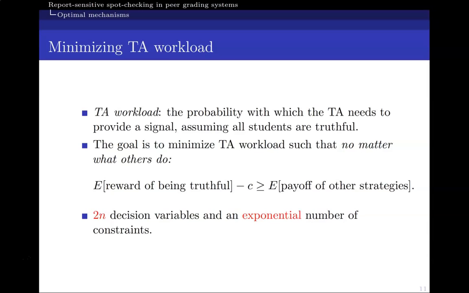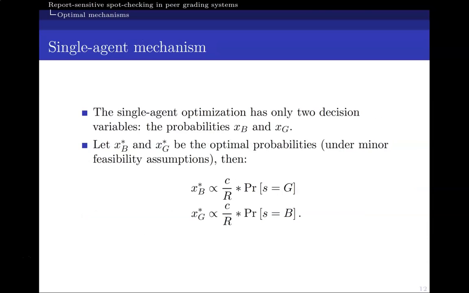And finally, we can set our goal to be setting spot checking probabilities such that this TA workload is minimized, and no matter what others do, each individual student would get a better expected payoff by being truthful other than playing any other strategy. Notice that this optimization problem has two n decision variables and an exponential number of constraints, and such problems are usually really difficult to solve.